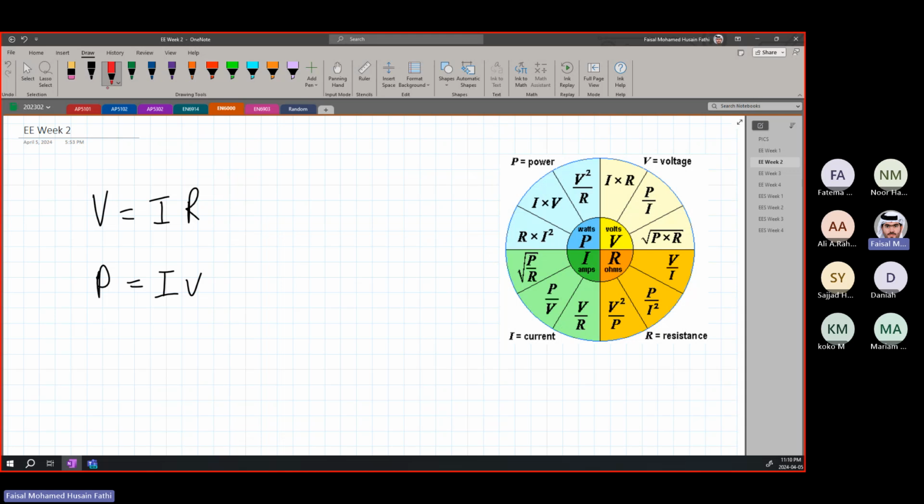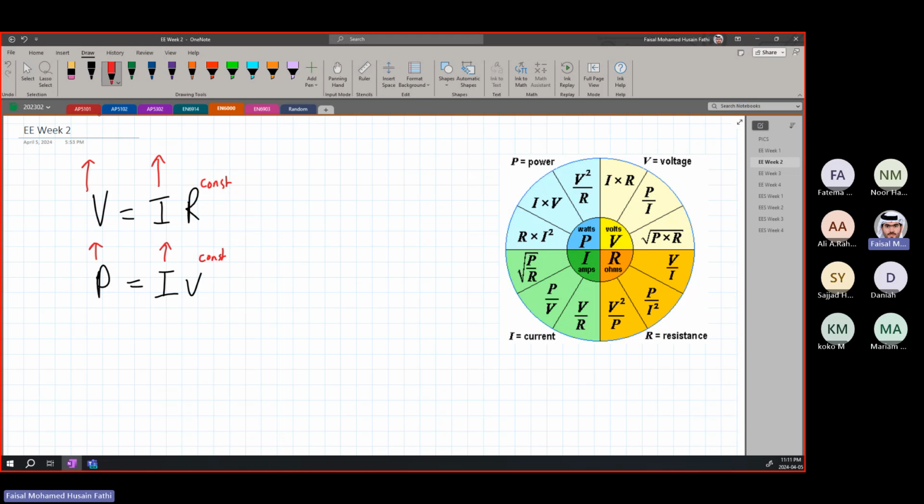As you noticed, last time I talked about this a lot. V equals IR: when current goes up and resistance is constant, voltage will also have to go up. Same thing with power: if the voltage is constant and the current is increased, the power will also increase.